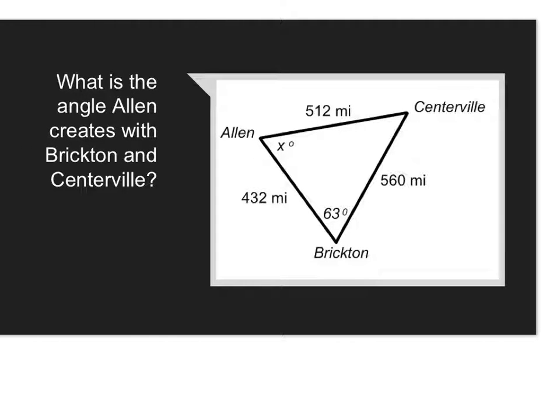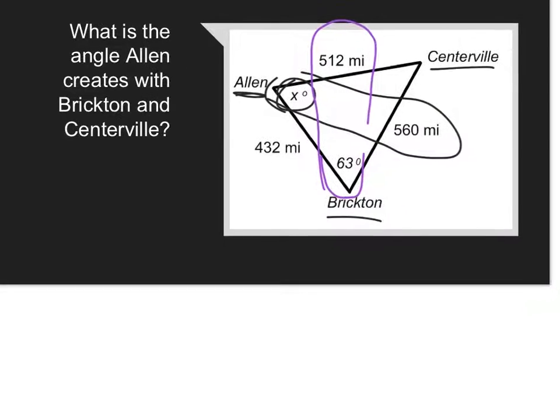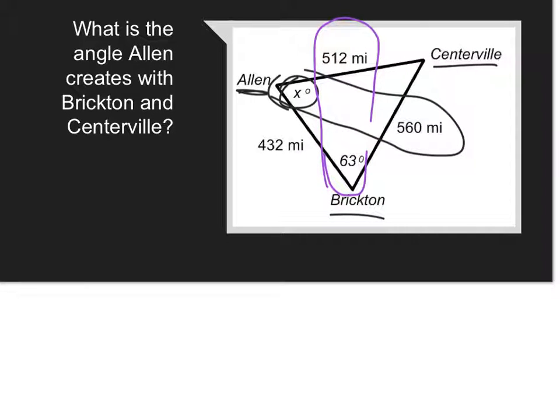So here, what is the angle Allen creates with Brickton and Centerville? So what is this angle? Well, I know that this is across from 560. Brickton makes a 60-degree angle, and that length is 512. Again, I'm looking for an angle, but take a look here. 63 is across from 512.